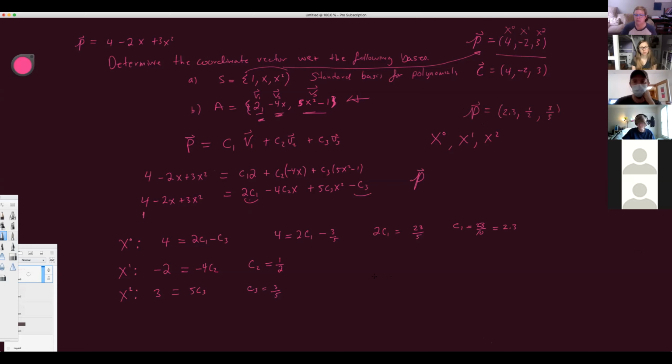So what we're going to do is actually do this linear combination. I'm going to say P is equal to 2.3 times the first thing, which is 2, plus 1/2 times the next thing, which is minus 4x, and then plus 3/5 times the last one, which is 5x squared minus 1.